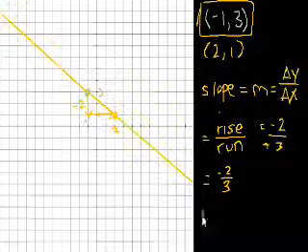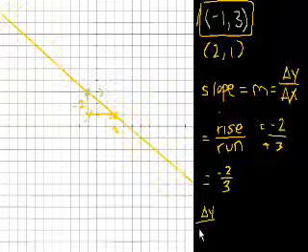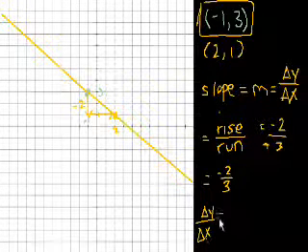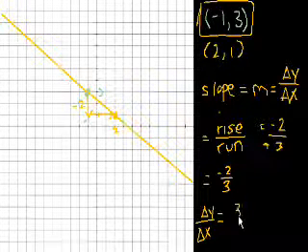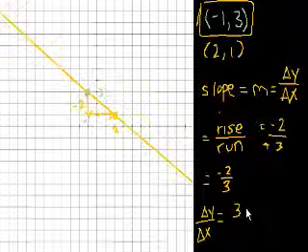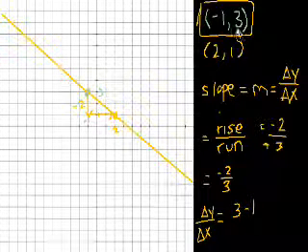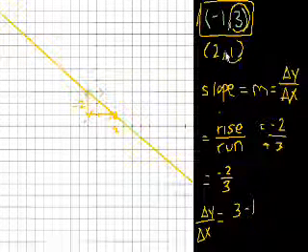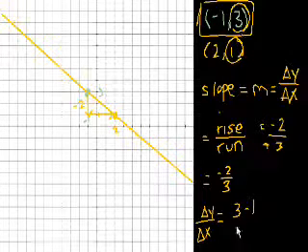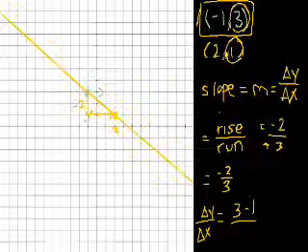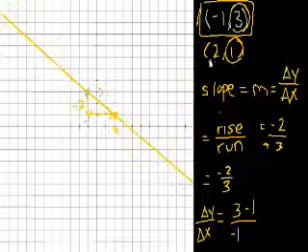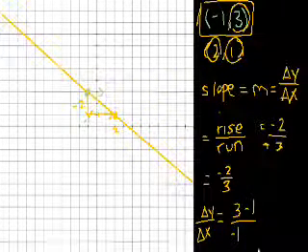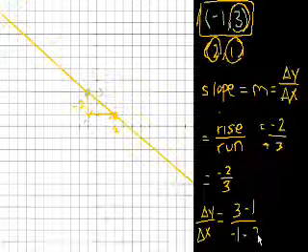Change in y over change in x is equal to, we take the first y point, which is 3, and we subtract the second y point, which is 1. You see that? We just took 3 minus 1, so that's the change in y, over, and we take the first x point, -1, minus the second x point, -2.